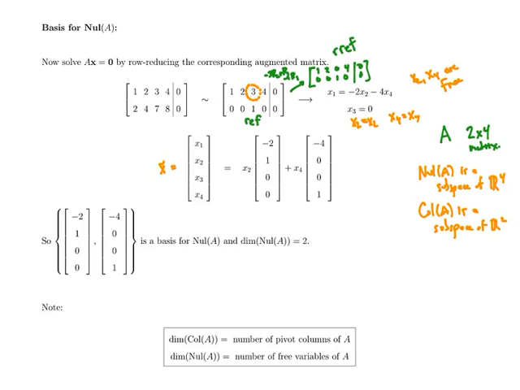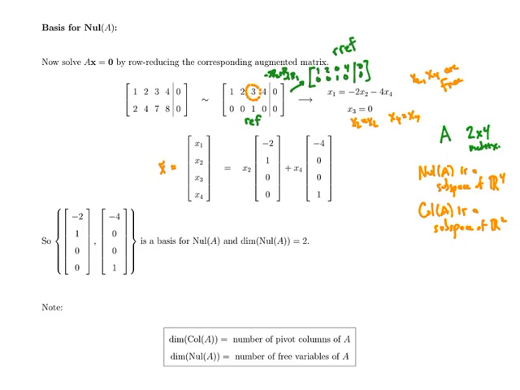And since there are 2 vectors in my basis, the dimension of the null space is 2, and in general, the dimension of the column space of A is going to be the number of pivot columns of A, and the dimension of the null space of A is going to be the number of free variables of A.